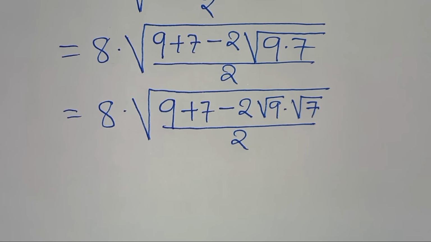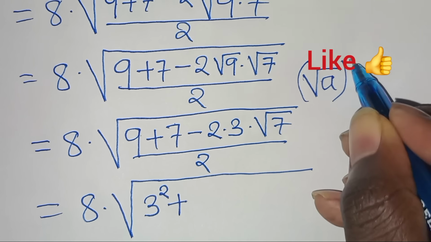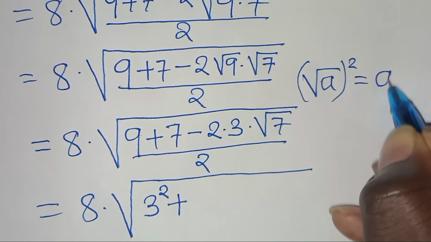So the next step is that we have 8 multiplied by square root of, here we have 9, which can be expressed as 3 to the power of 2, then plus. Now remember here, if we have the square root of a to the power of 2, this is the same thing as a.